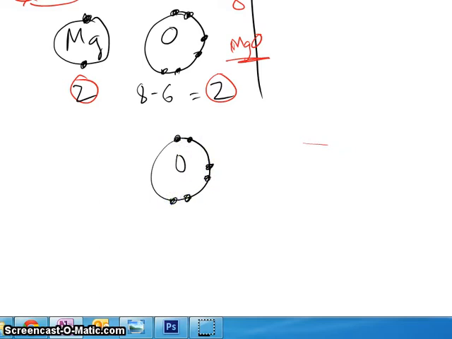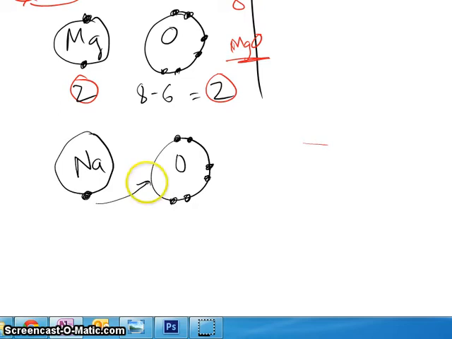And let's say oxygen is hanging out with sodium. Sodium is in group 1, so it only has 1 electron to give. If sodium gives this 1 electron to oxygen, is it going to be enough? No, it's not going to be enough.